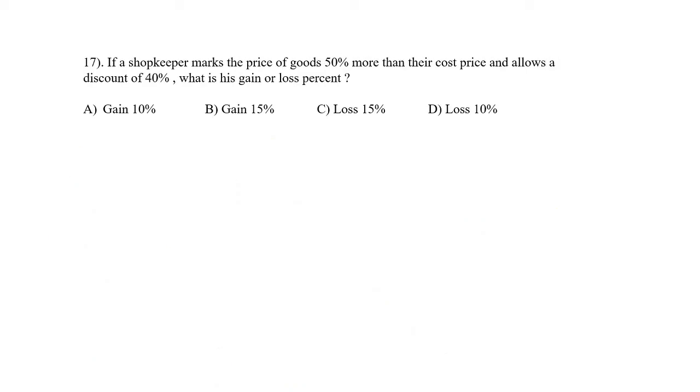17th question. If a shopkeeper marks the price of goods 50% more than their cost price, simply take cost price as 100. 50% more than cost price means plus 50, that is 150. This is called MRP, market price. And allows a discount of 40%.